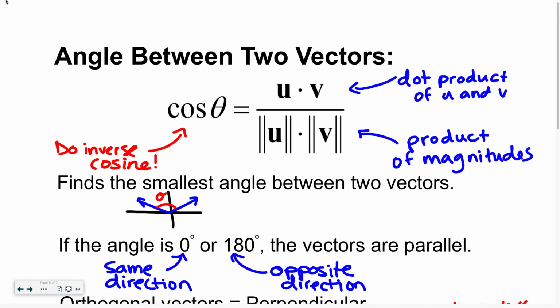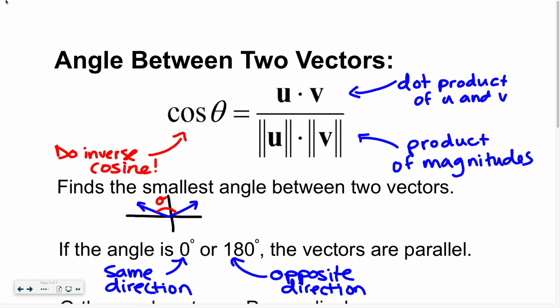Okay, so if I go up here and I'm thinking about I want theta to come out to be 90 degrees in the calculator. Okay, I'm going to be doing inverse cosine, right? And it's going to spit out a number between 0 and 180, but I want it to be exactly 90. The cosine of theta would equal what number so that theta came back as 90? What would your cosine have to be?